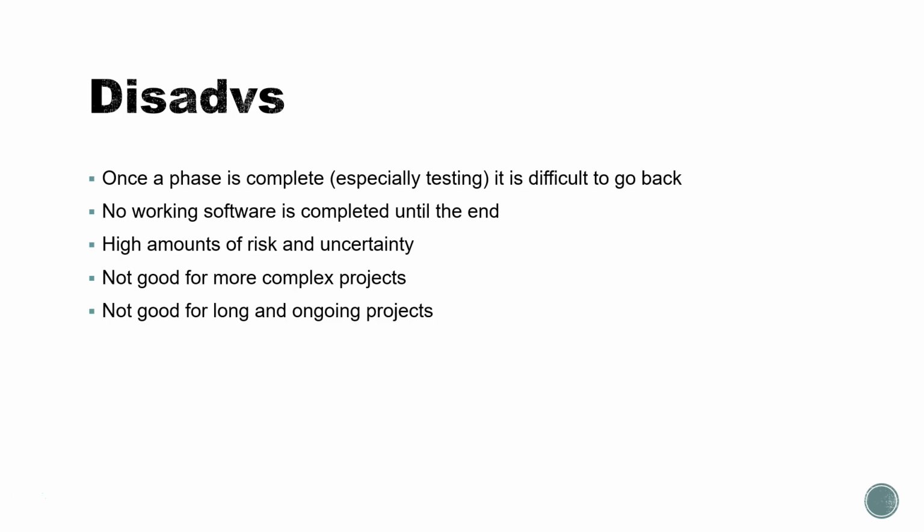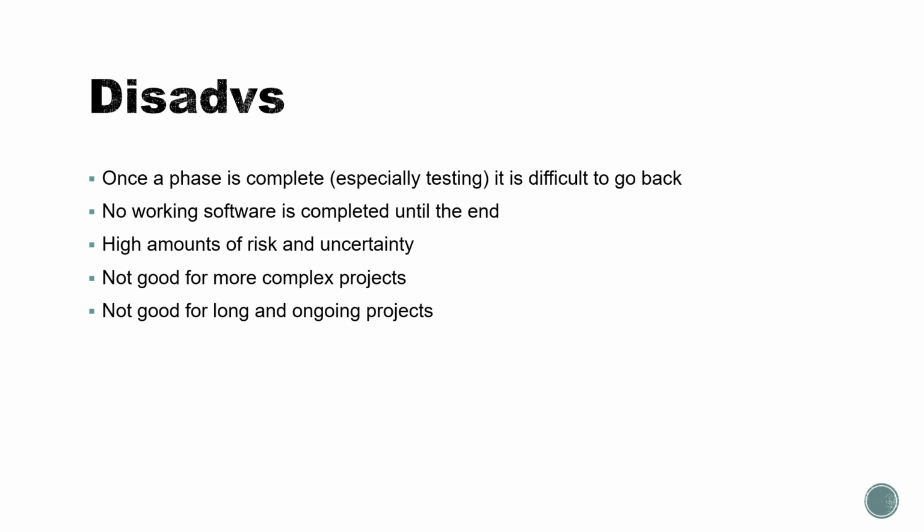Disadvantages: once a phase is complete, it is difficult to go back. Especially in the testing stage, this is where if you find errors with the code, it's going to be quite a big issue. You're not going to have any working software until the end, which is not great, because ultimately you want to see this thing in action, and if you need to make any changes to it, you might want to be able to do that. High amounts of risk, because you don't have that working software till the end.